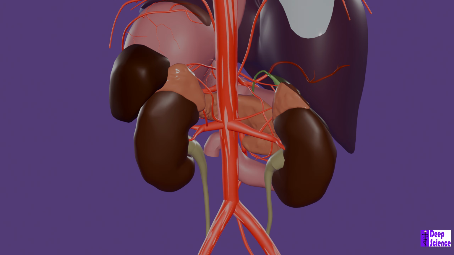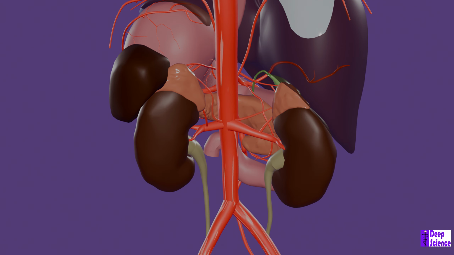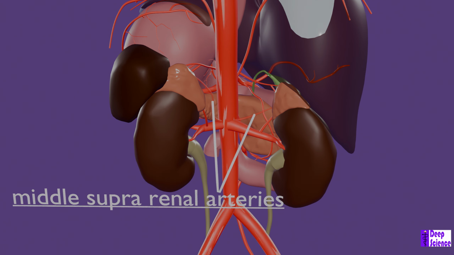Renal arteries branch off to supply kidneys and some parts of the suprarenal glands. Suprarenal glands also get direct blood by means of the middle suprarenal arteries.